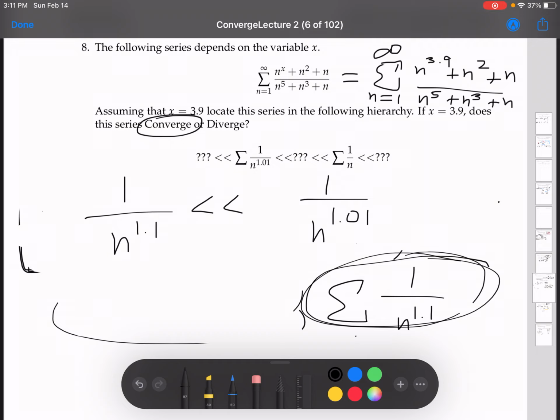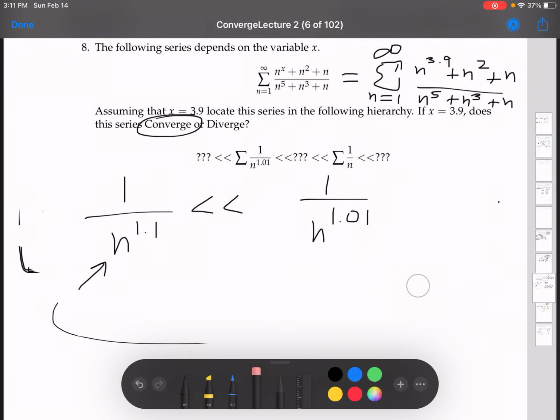And this is because, again, we're dividing by more. n to the 1.1 is a little bigger than n to the 1.01. So then dividing by a little bit bigger makes you a little bit smaller.